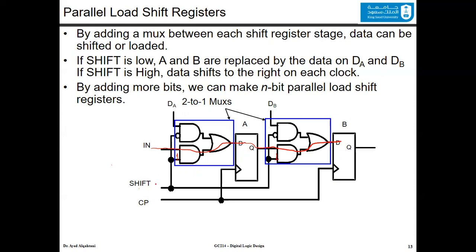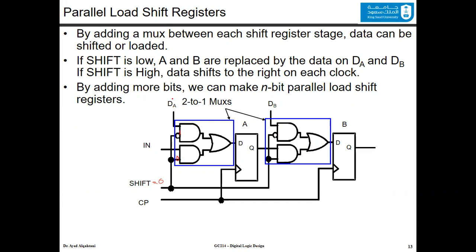This is if the shift is high or equal to 1. And this is what we said here. If the shift is high, the data shifts to the right, meaning the right direction, on each clock cycle. Now, if the shift is low or 0, this means now this would be 0, and now this one is going to be active.